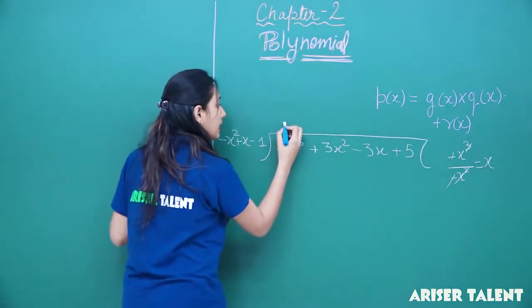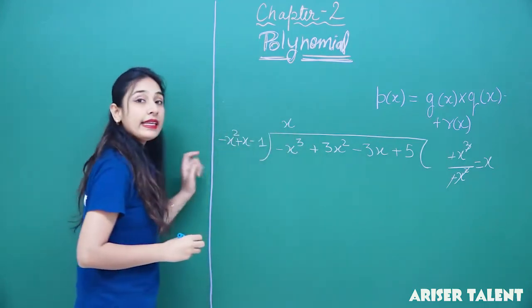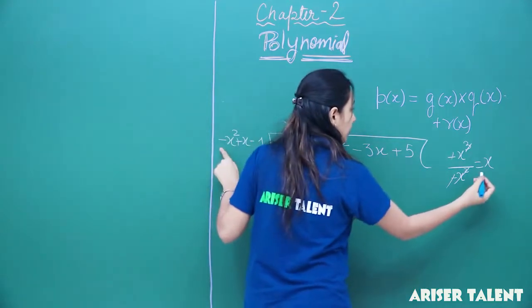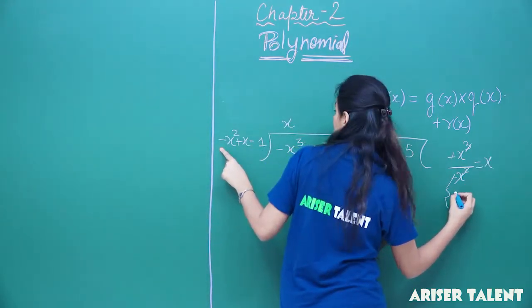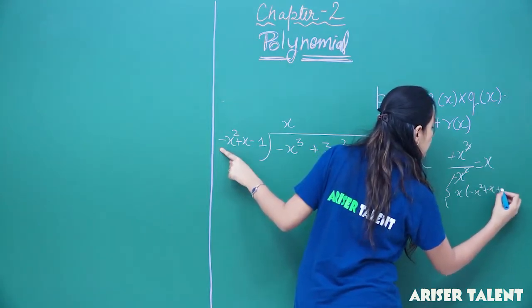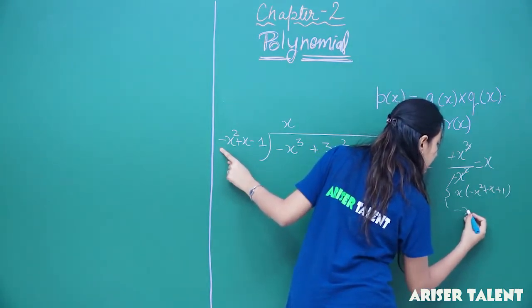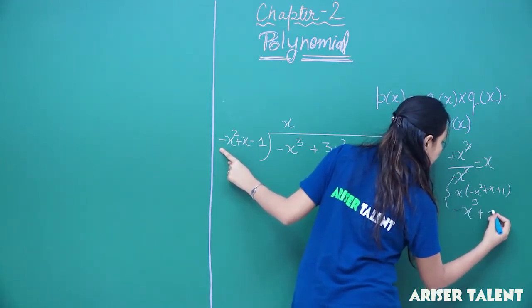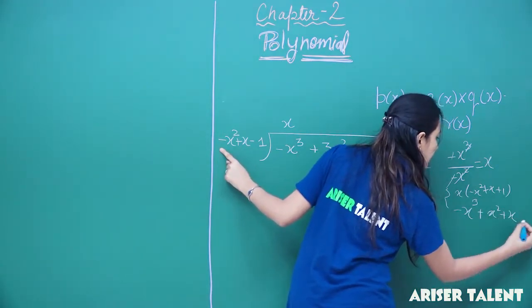So simply just write x here. Now multiply this by this whole term. That will be x multiplied by minus x square plus x plus 1. That will be minus x cube plus x square plus x.